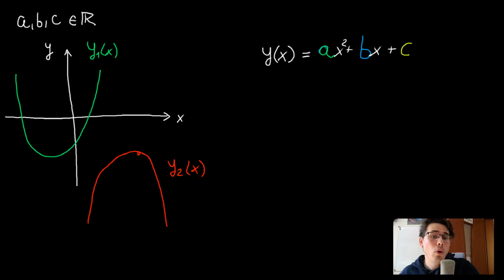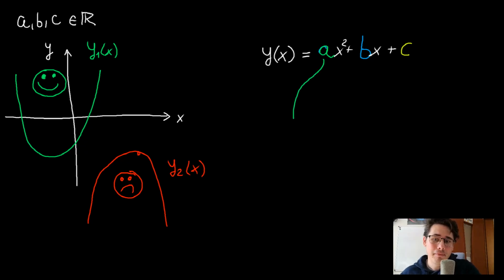How do I know which shape is which? Simply, we can view this as a smiley face, so upside up, or if it's upside down, a frown face. Now, how do I know which one is which? The first rule is extremely simple: we look at this a value, the quadratic one.